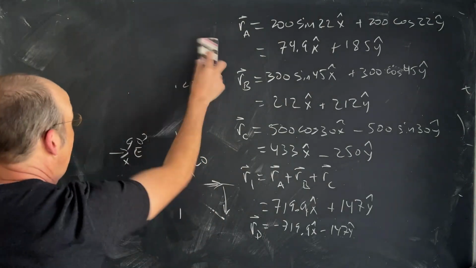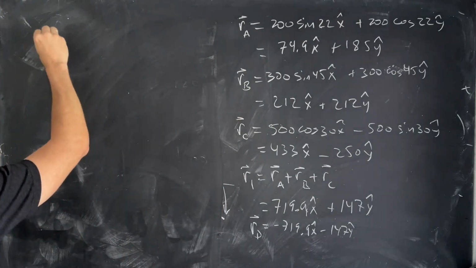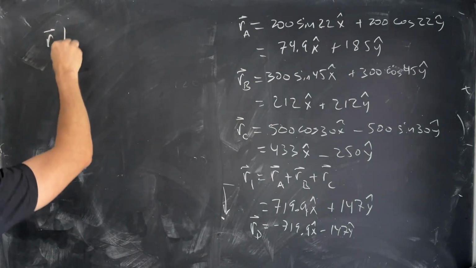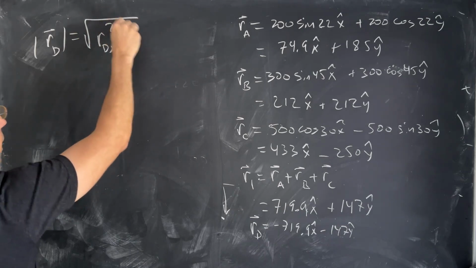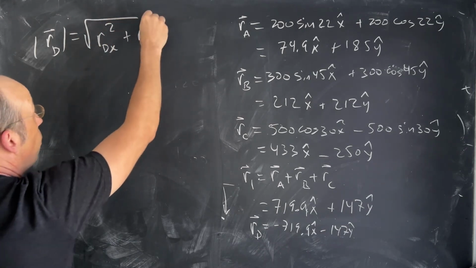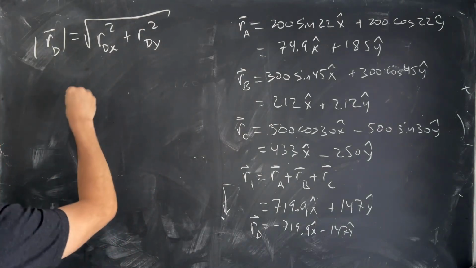If I want to find the magnitude of that displacement, the magnitude of RD, it's the square root of Rdx squared plus Rdy squared. It's just using the Pythagorean theorem. If I know the x and y components, I can find the total.